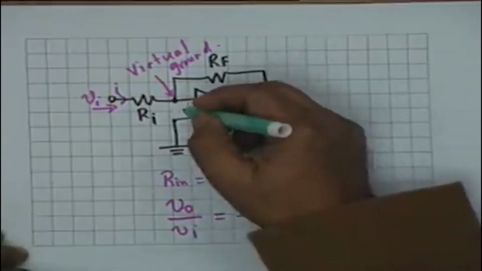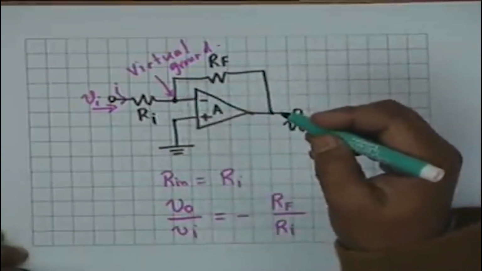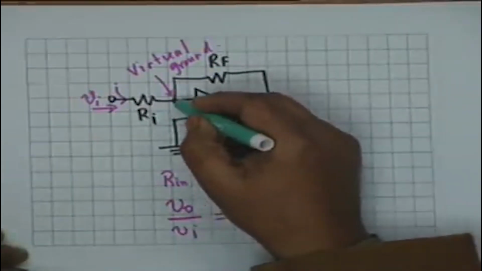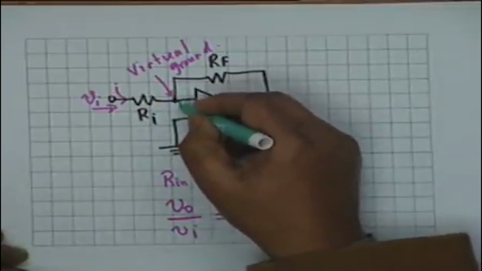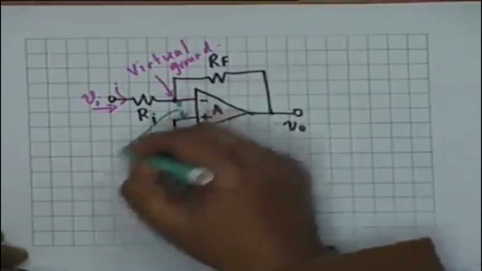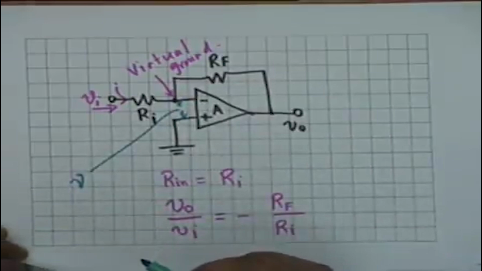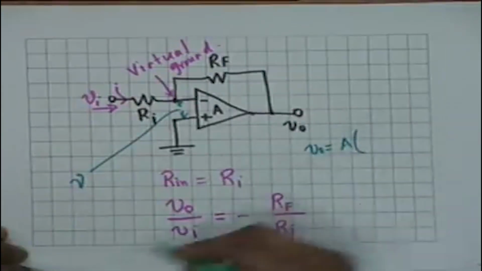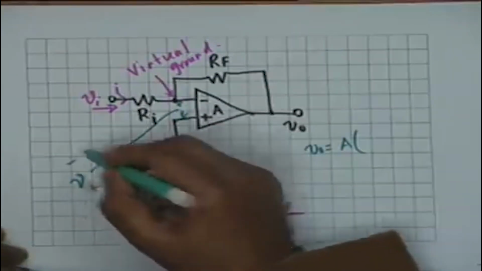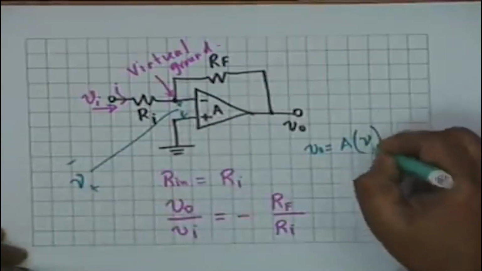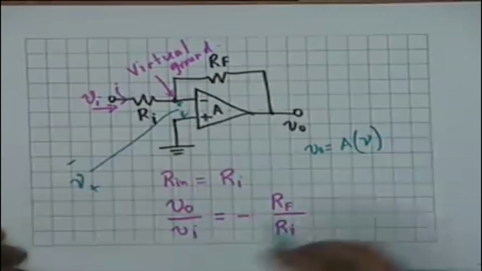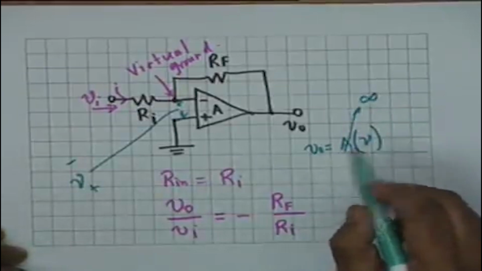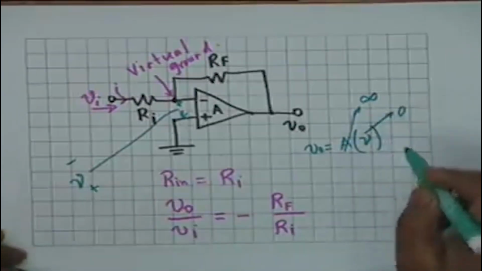The relationship is this: the potential difference between these two points, let us call this some value, say nu. Then V0 is given by A times nu, if the polarity is like this. Since we have assumed capital A tends to infinity, nu tends to 0.